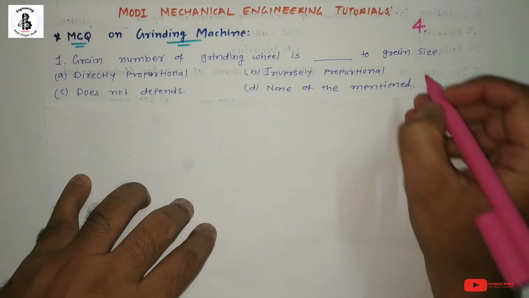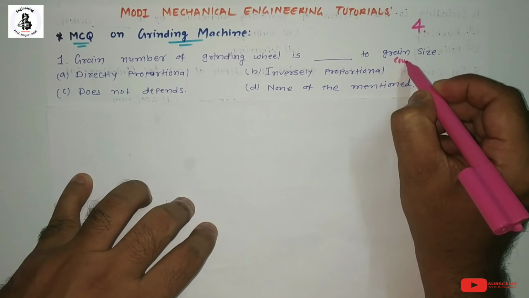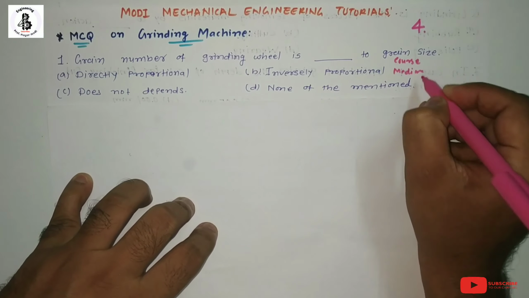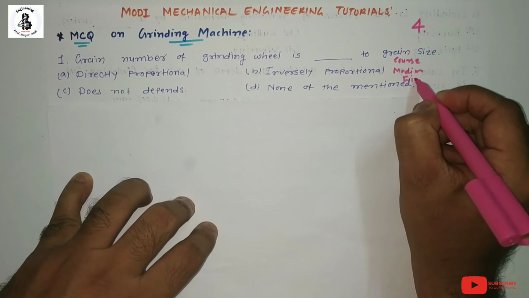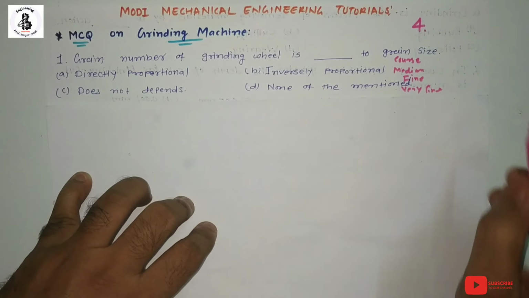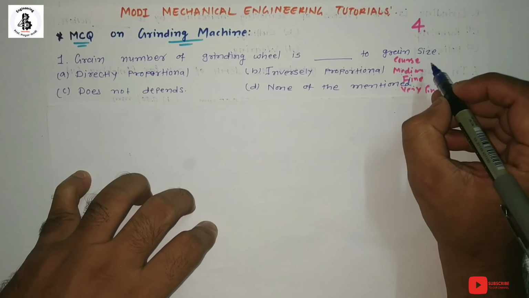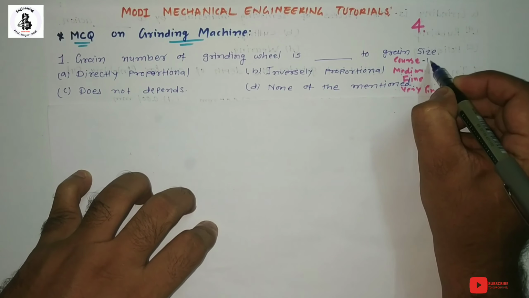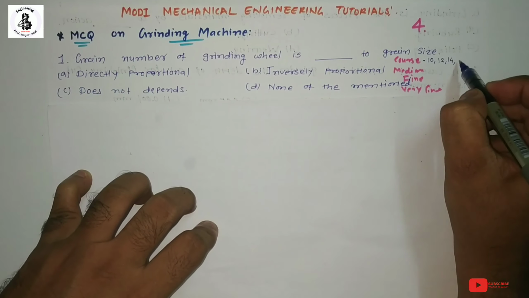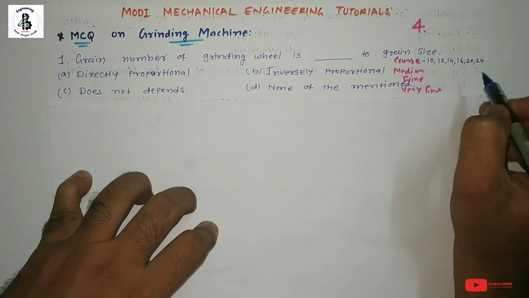Coarse grain size, medium grain size, fine grain size and very fine grain size. In case of coarse grain size, generally the numbers are 10, 12, 14, 16, 20 and 24.